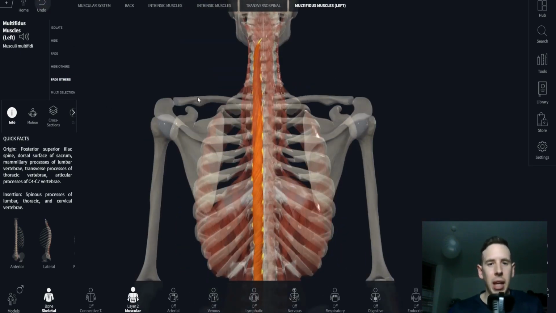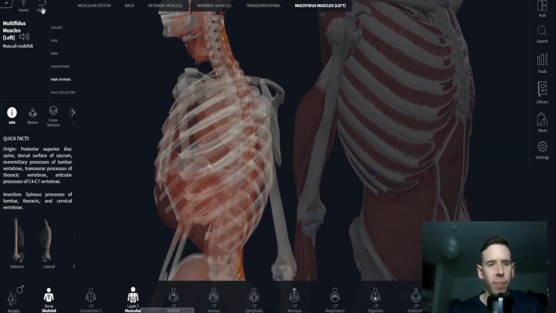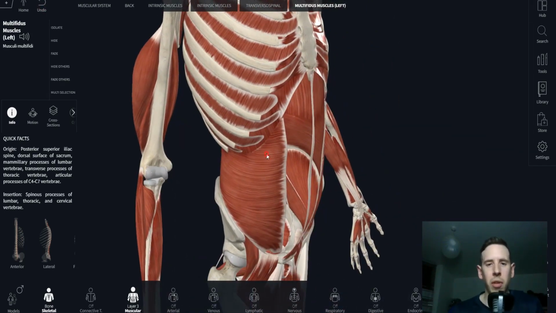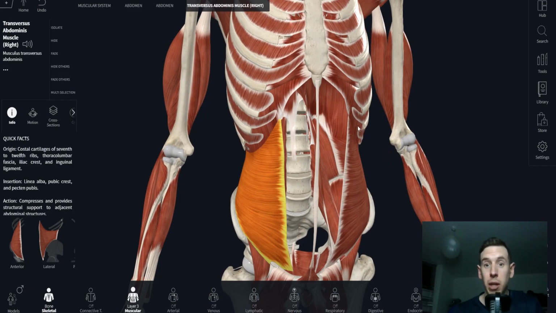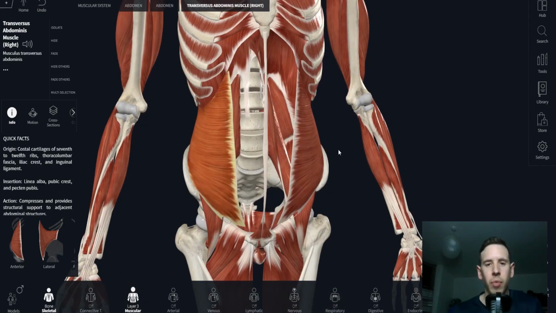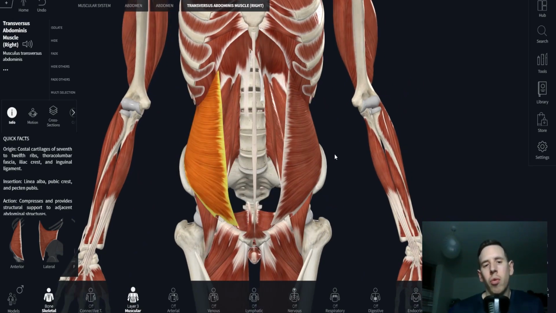If we then look at the front of the spine, I think you guys might be familiar with this one. This is the transverse abdominis. We could think of it as the front wall, but you could also think of it as a kind of internal belt, an internal corset, of that middle layer of the core.